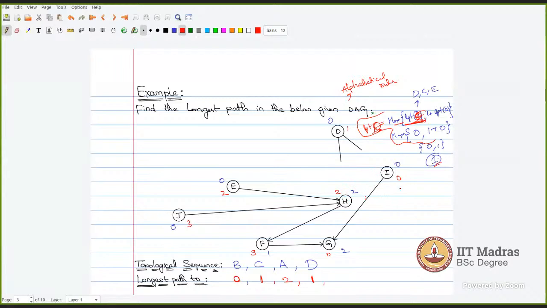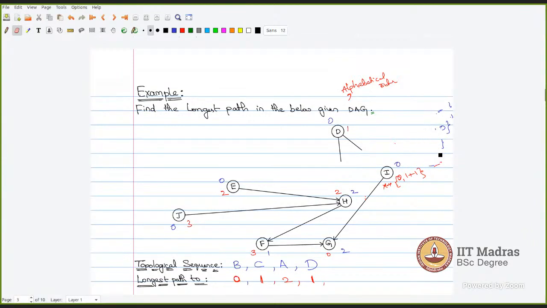Now what will be the value of this? Max of 0 comma 1 plus 1. So we are removing vertex D here.